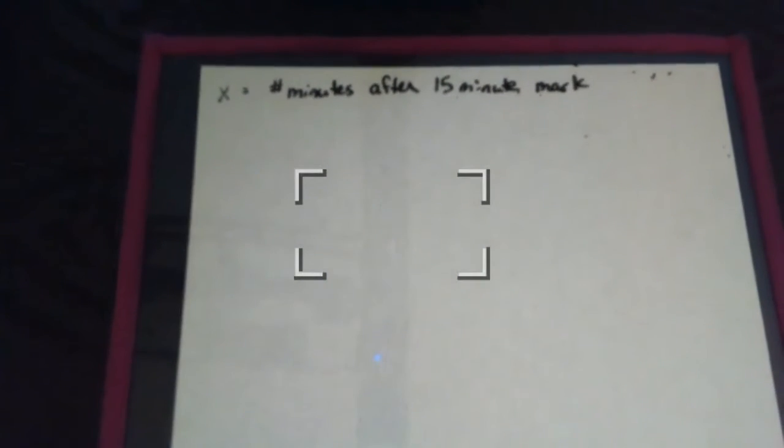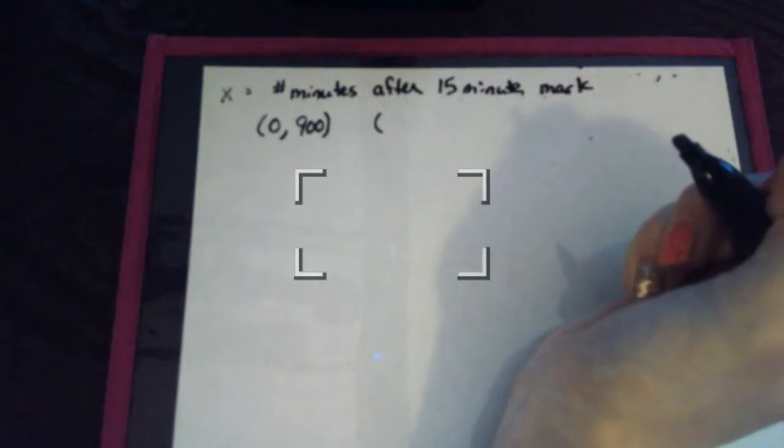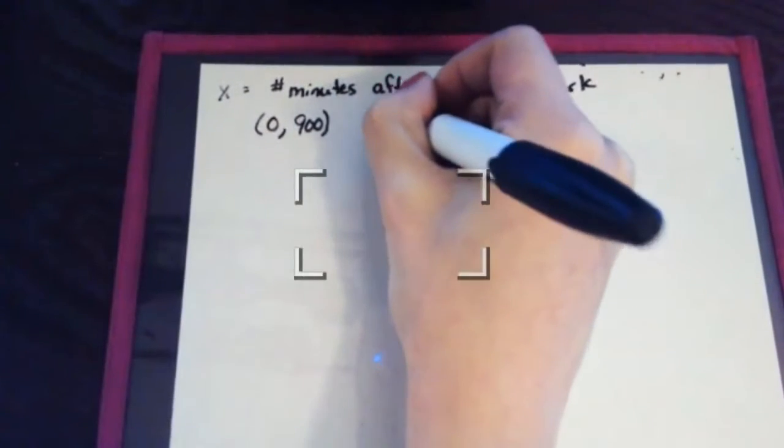That way I can think of this as 0 minutes after 15, we have 900 in our culture. And then the next one said after 30 minutes, we have 1100, but 30 is 15 minutes later, and we have 1100.